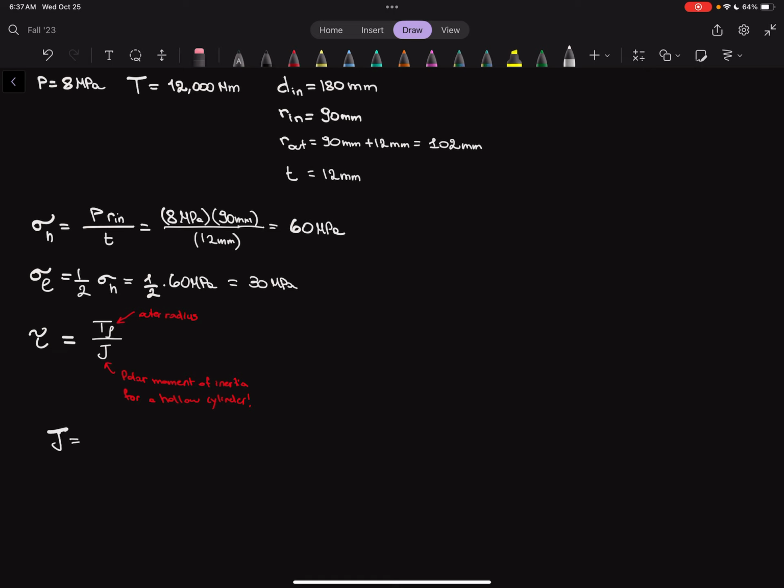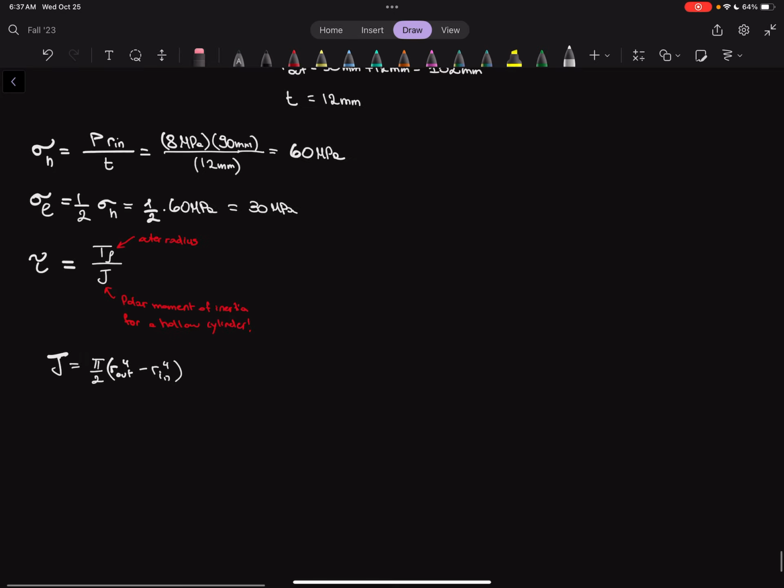Well, J is going to be pi over 2 times R out to the 4th minus R in to the 4th, because we're subtracting the material that's not there. Because if you look at the cross section, it'll look like this.